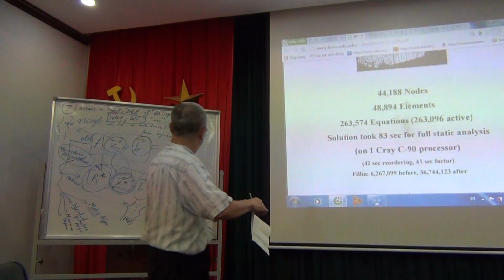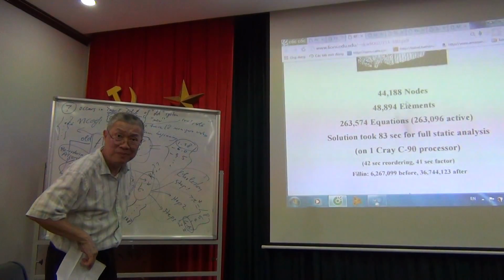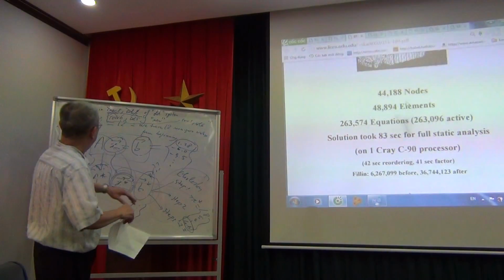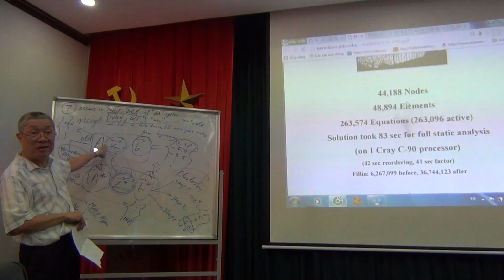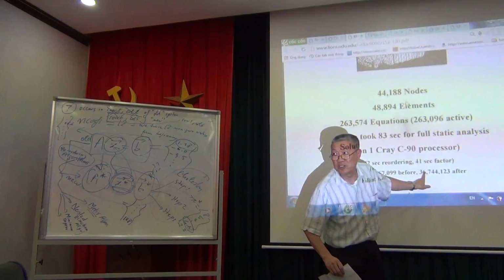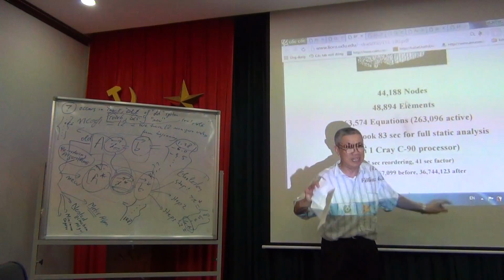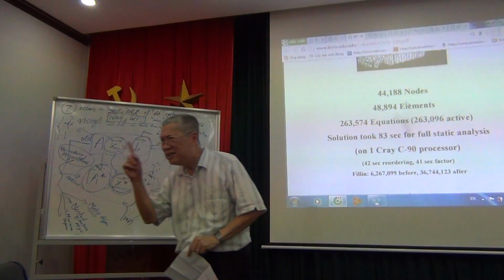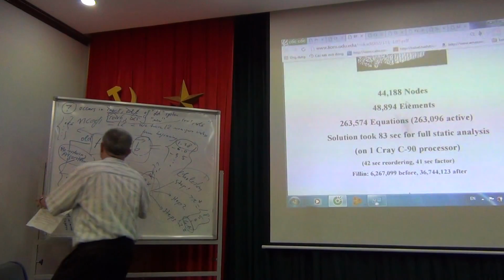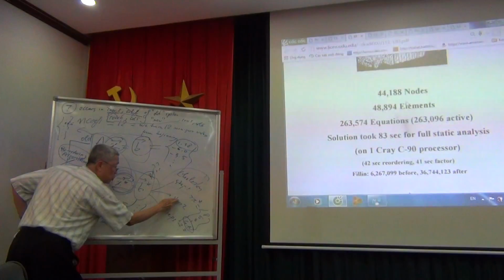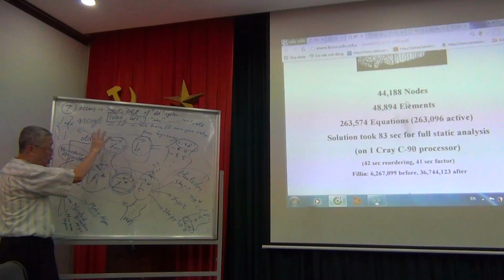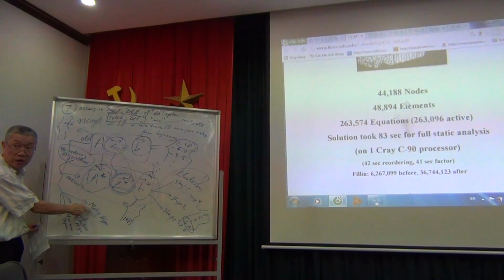That is because you already use his algorithm. If you do not use his algorithm, you just solve this system immediately, this number, instead of 36 million, may be more than 100 million. Do you understand what I'm saying? Suppose you apply step 1, step 2, step 3 directly on this system without using the reordering algorithm.